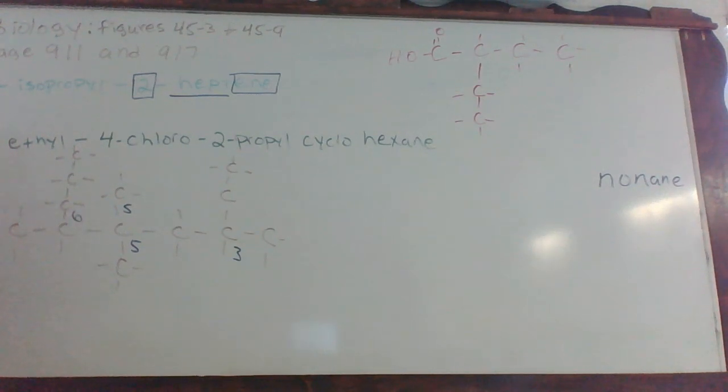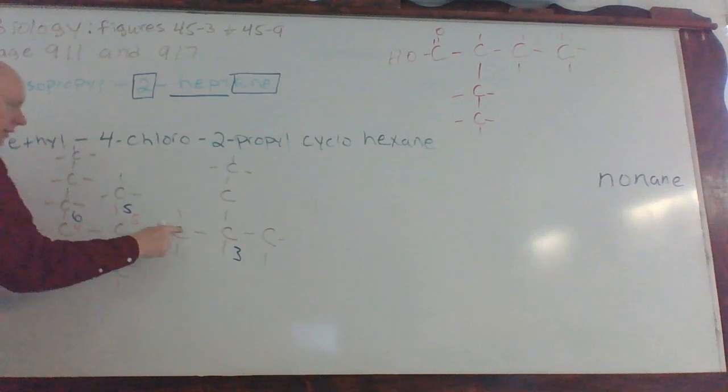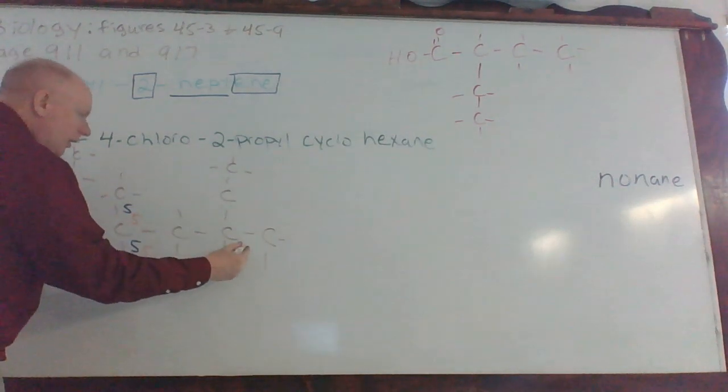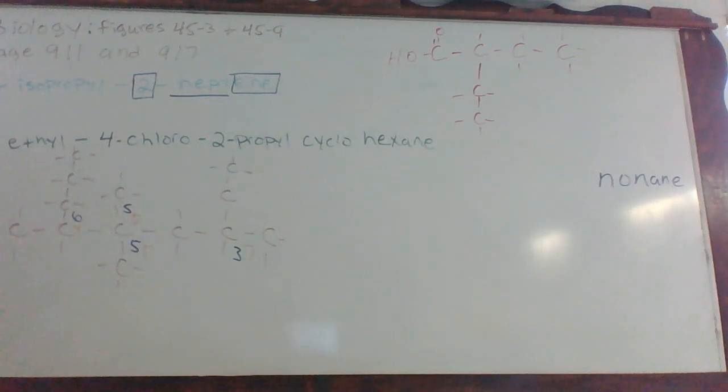6, okay? Well, what happens if we try going the other way? 1, 2, 3. Here we've got 4. What about these two? 5 and 5. 6 and 7. So, do 3, 5, 5, and 6 work?